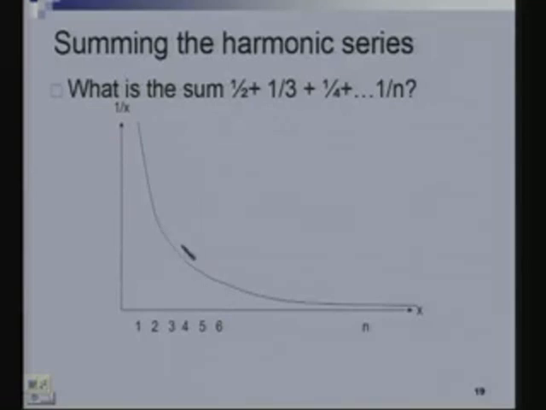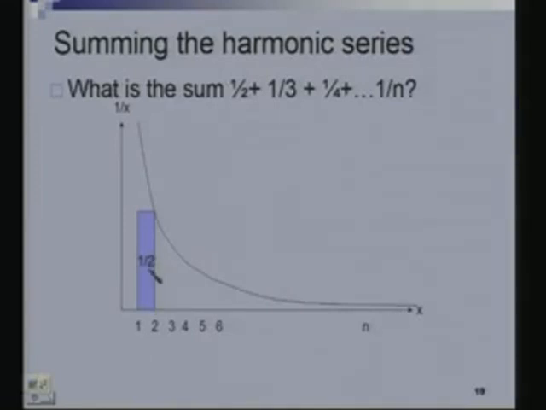This is a graph of the function 1 by x, right? These are points 1, 2, 3, 4. So let me draw a line here at 2. What is the height of this rectangle? 1 by 2. What is the width of this rectangle? 1.